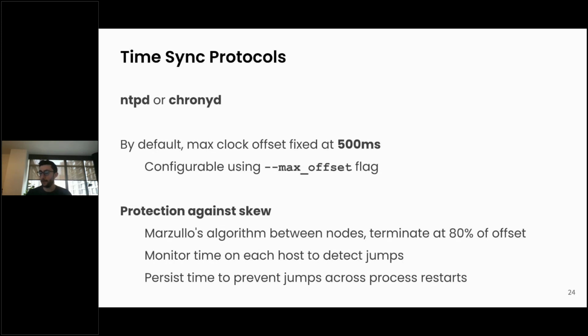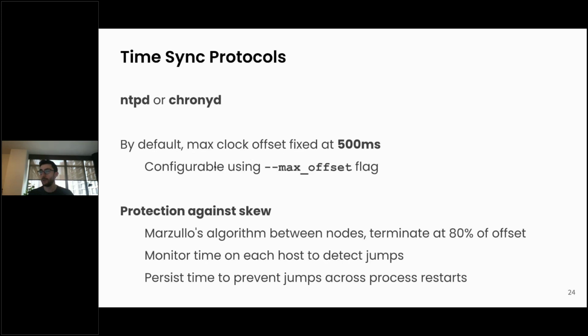So as a bit of a sidestep, it's useful to talk about the timestamp protocols that Cockroach is typically deployed alongside, because these are, to be honest, not the most sophisticated part of CockroachDB. We rely on tools like NTPD or Chrony to synchronize clocks to a fairly conservative value of somewhere between 250 and 500 milliseconds, or at least that's what we then expect these protocols to provide in terms of clock synchronization.